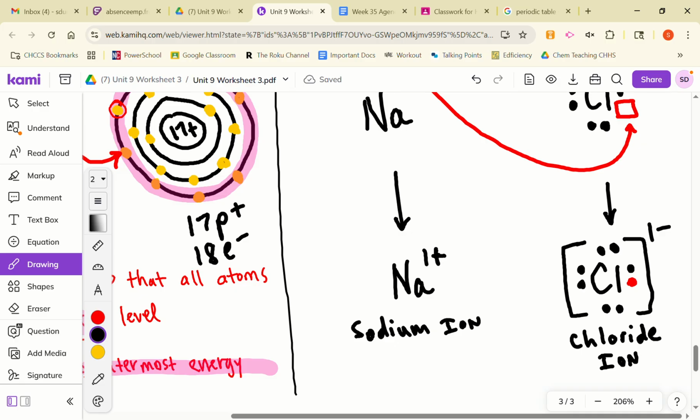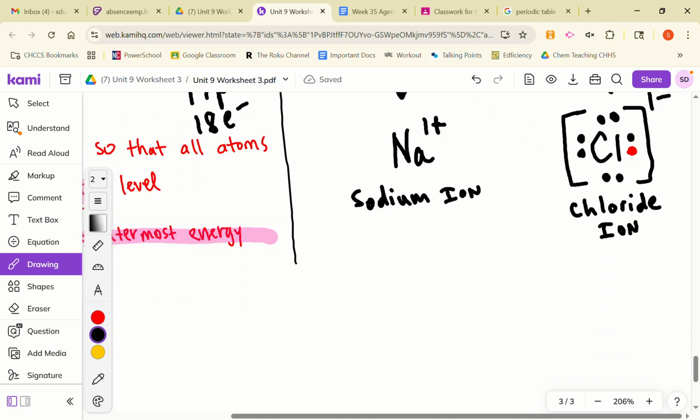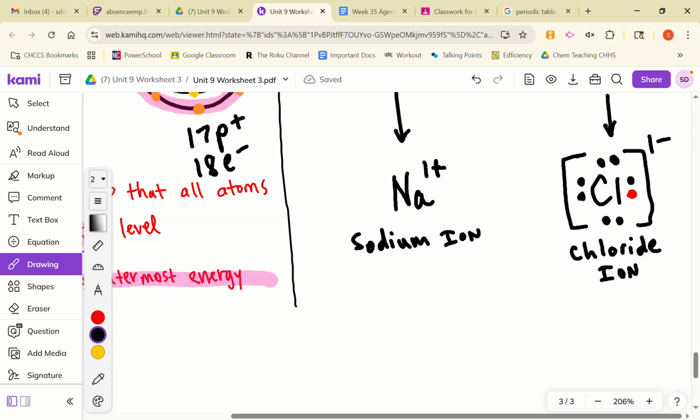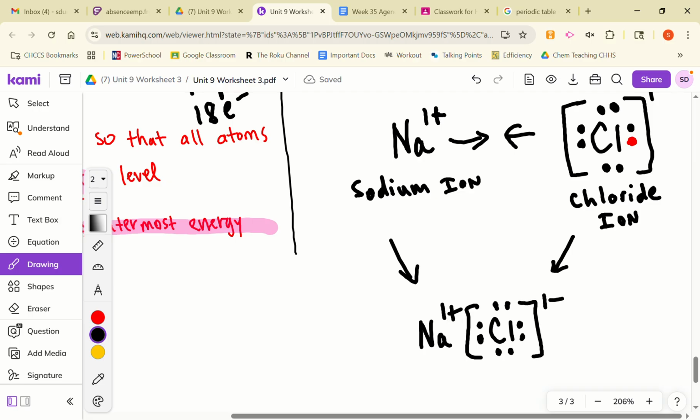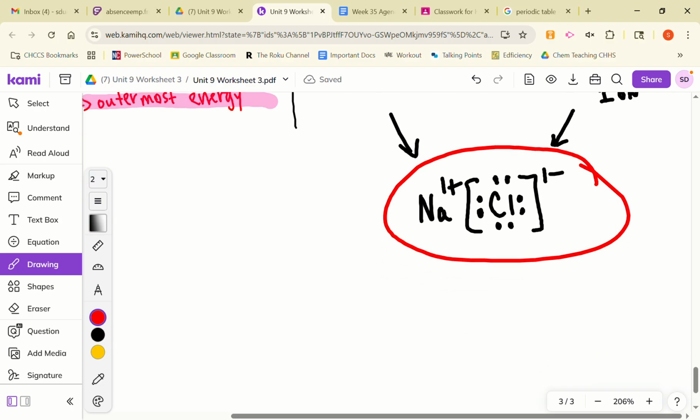Because this one's positive and this one's negative, they attract each other. To draw the final version, I would write sodium 1 plus right up next to the chloride ion, chlorine 1 minus. This we call an ionic bond.